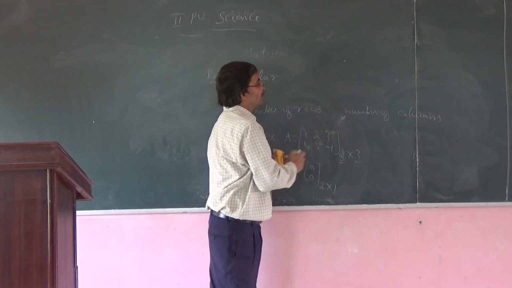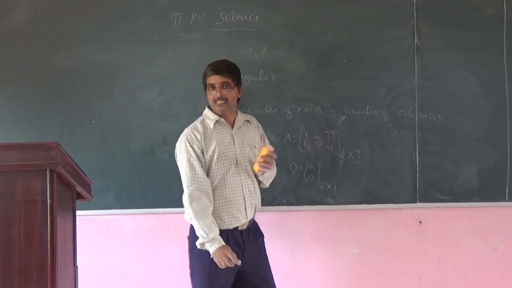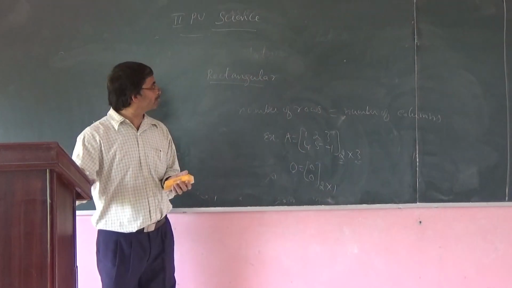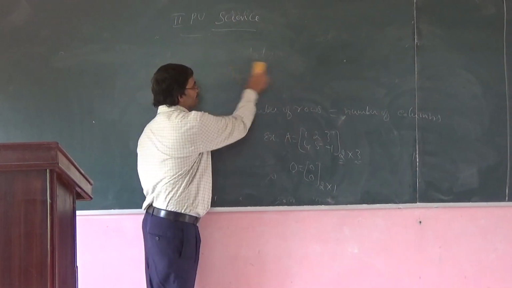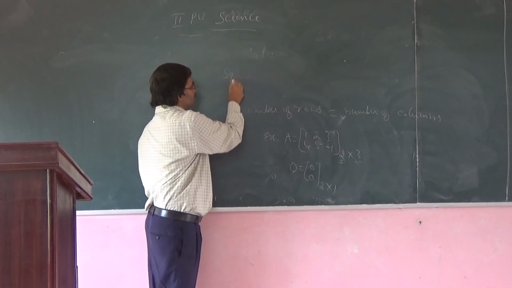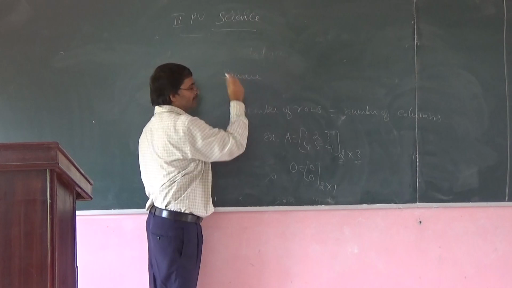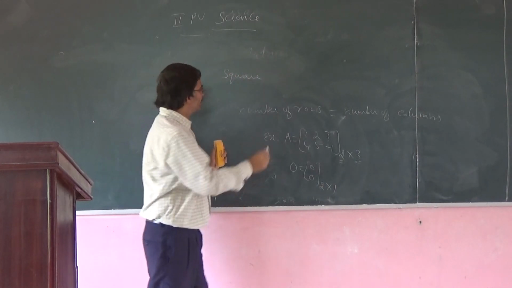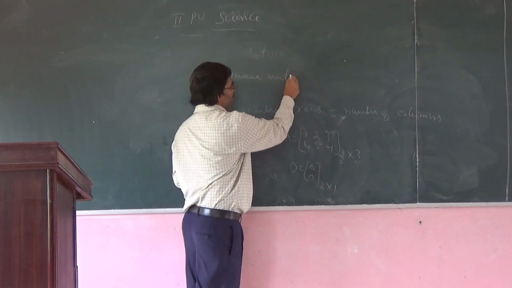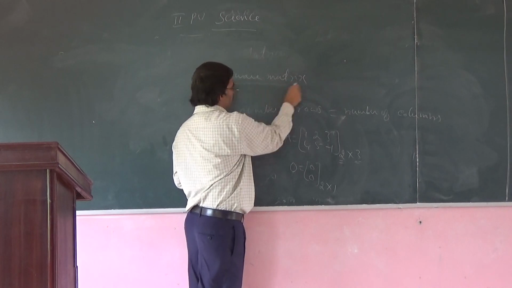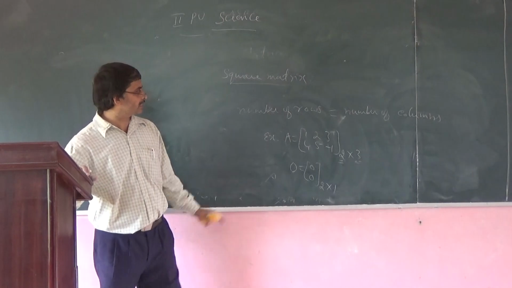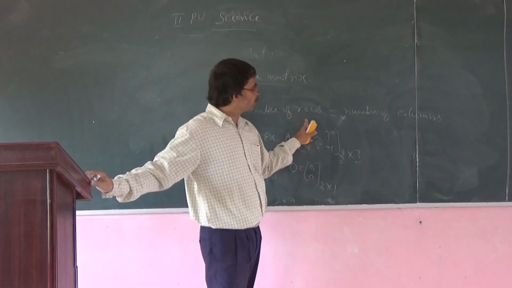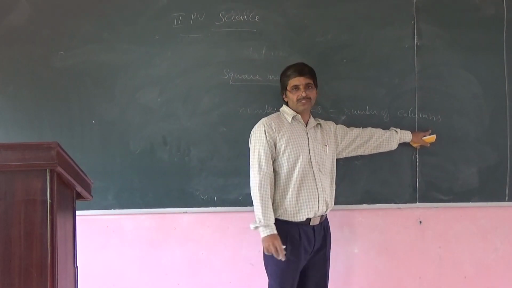equal to the number of columns? The next point is, if the number of rows equals the number of columns, such matrices we call square matrices, in which the number of rows equals the number of columns.